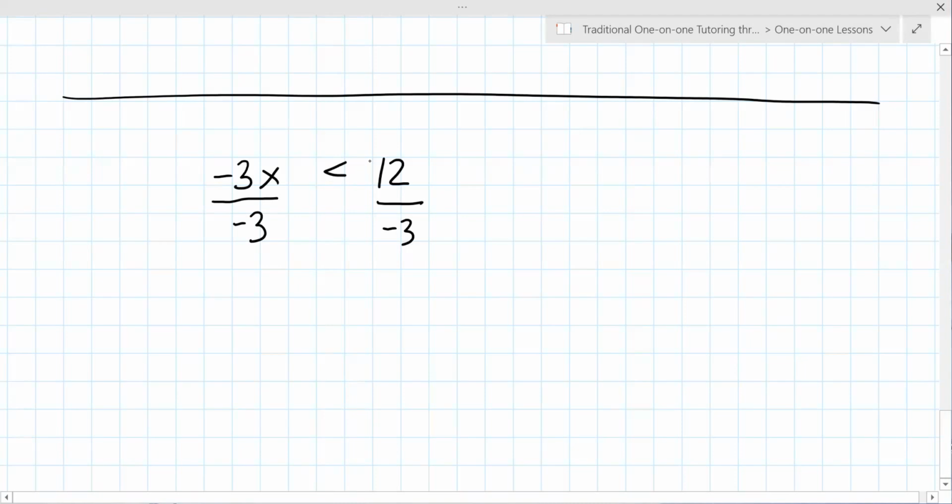So this means less than, and this means greater than. Which symbol am I supposed to use down here? This one on the left or this one on the right? So you're guessing.